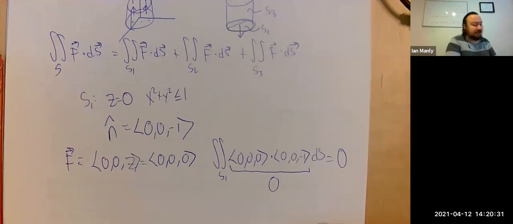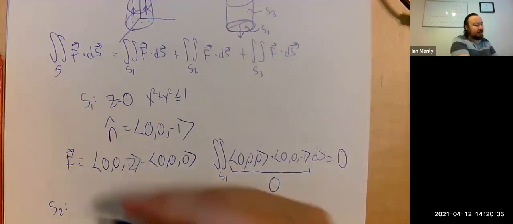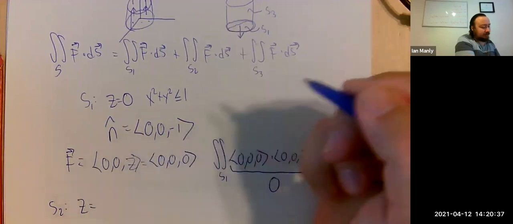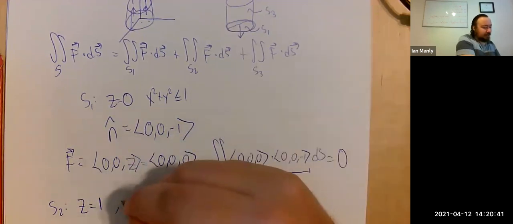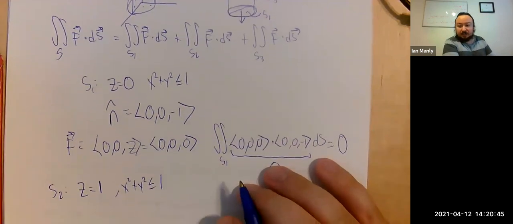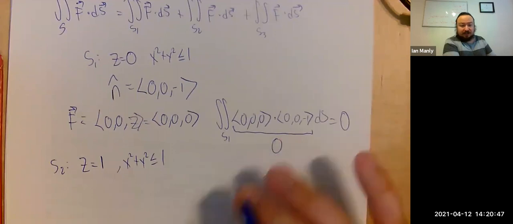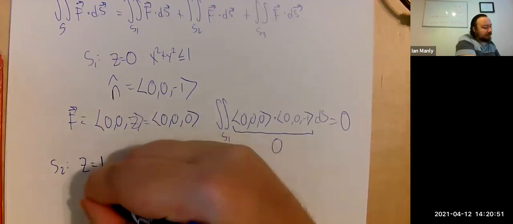All right, so let's see if there's any contribution from S2. S2 is the same thing, only this time z equals 1 right here. So z equals 1. We have x squared plus y squared less than or equal to 1. Let's come up with our normal vector.